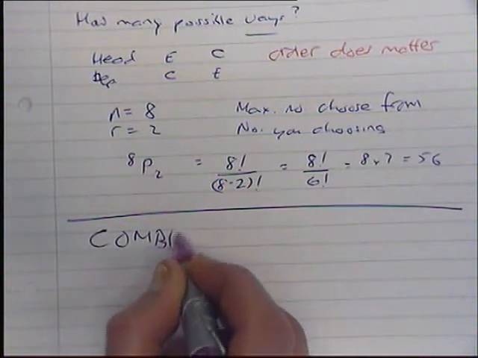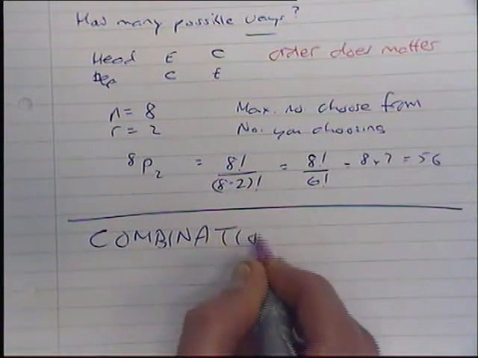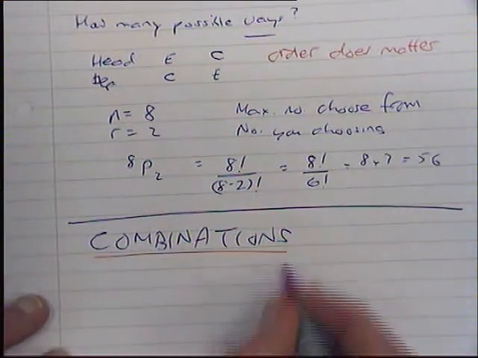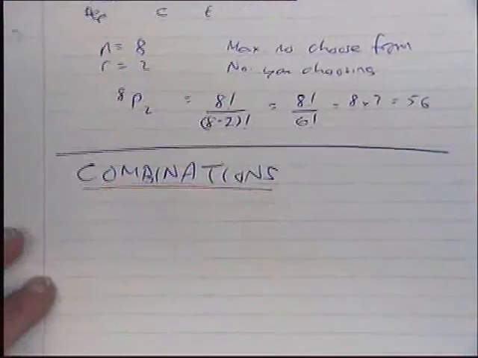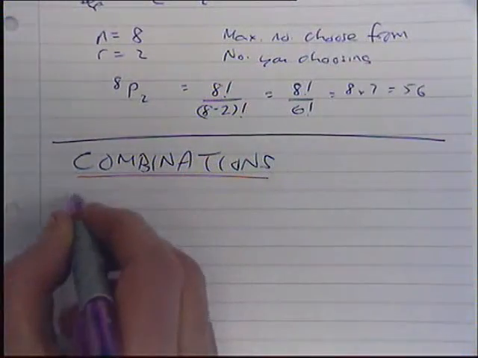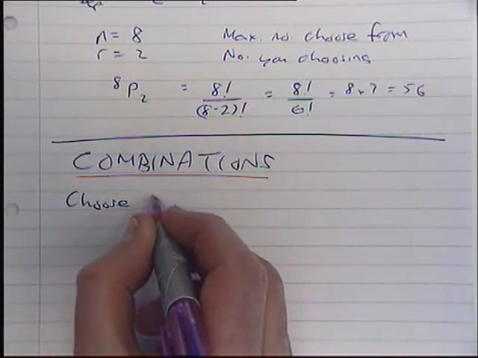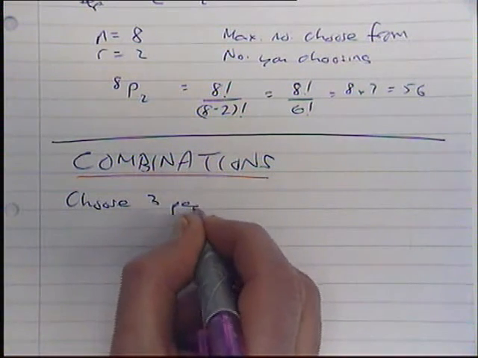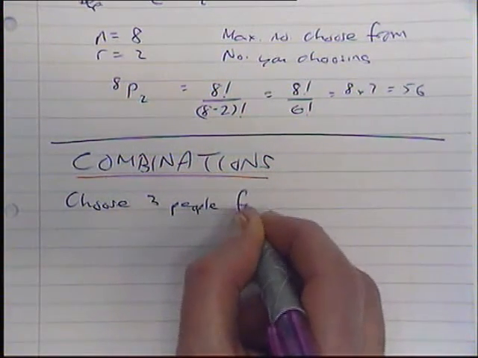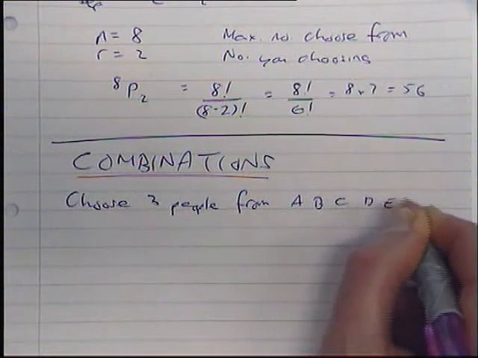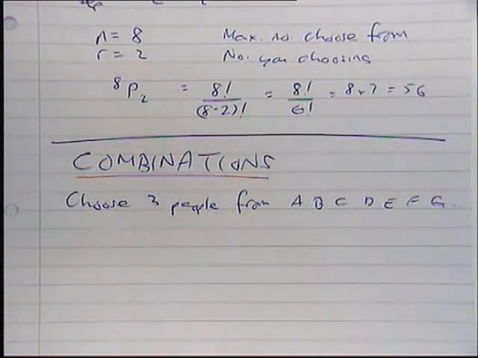Okay. So now we will come on to the other word, and the other word will be combinations. And this time we're going to choose 3 people from A, B, C, D, E, F, G. They've got really convenient names again.